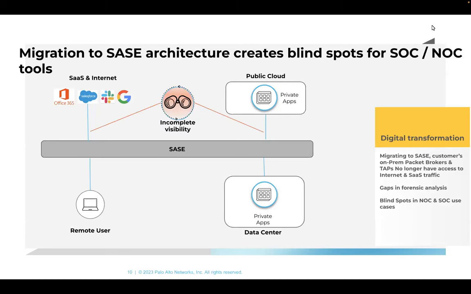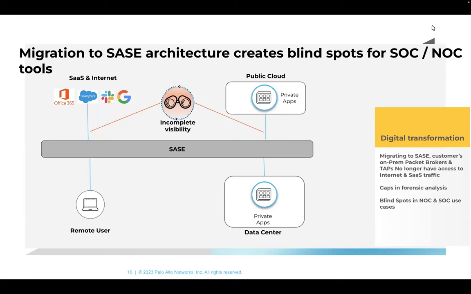The challenge with that is that all that control and the ability to do additional analysis of your traffic for different use cases kind of goes away, right? Good luck trying to get a pickup of the traffic or a copy of the traffic between your users sitting in a coffee shop and your SaaS application, with your security stack also being in the cloud, right? So we see this as a trade-off that so far customers and enterprises had to make when adopting SASE.